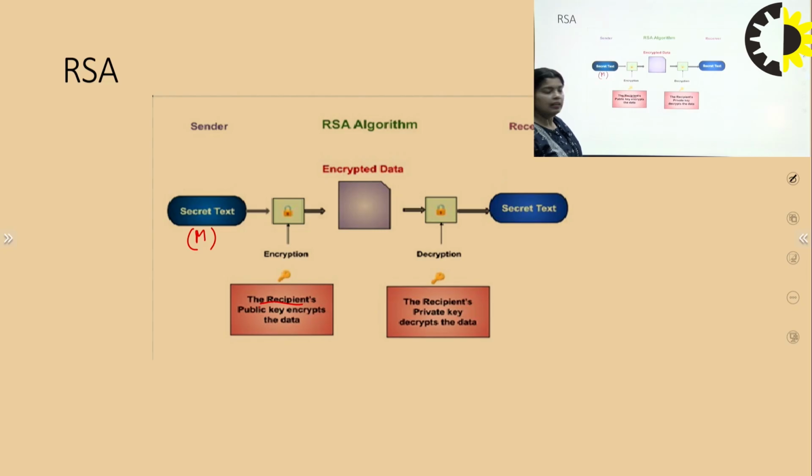You can see here, that is the public key. You can write it here as K, the recipient public key. And there is a recipient private key.